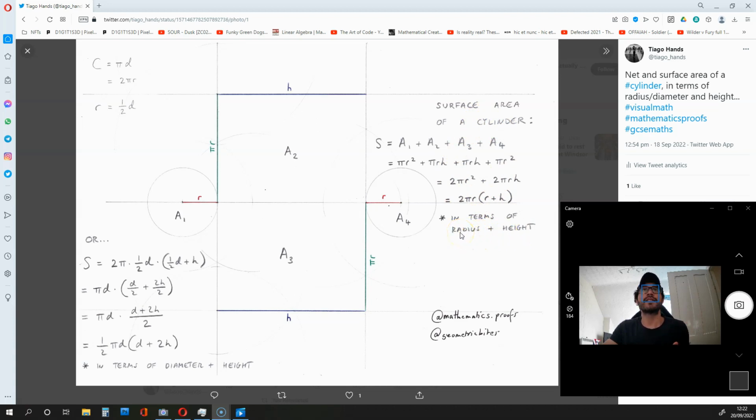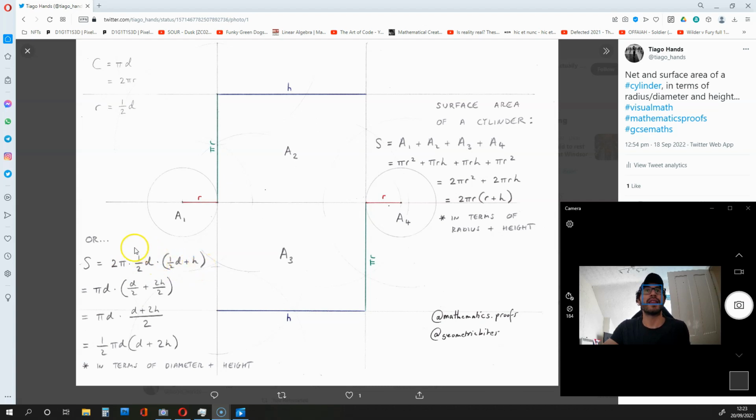What if the radius, though, is half the diameter? What we do is we take this formula over here and we turn these r's into half times diameter. So what we get is the surface area is 2 pi times half times diameter times (half diameter plus height).